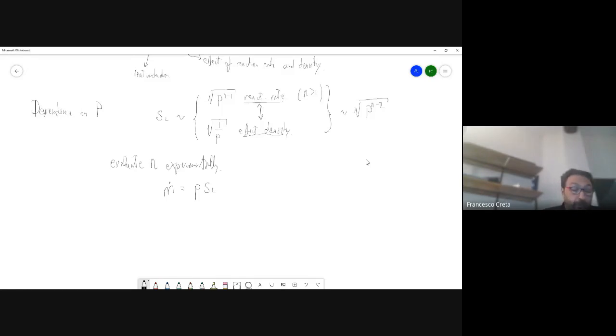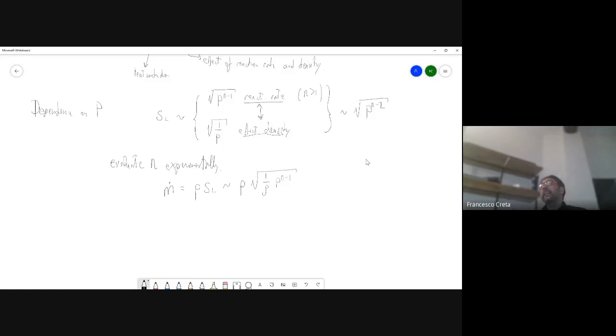And for SL, we can use the expression we just derived, which scales like or is proportional to it.